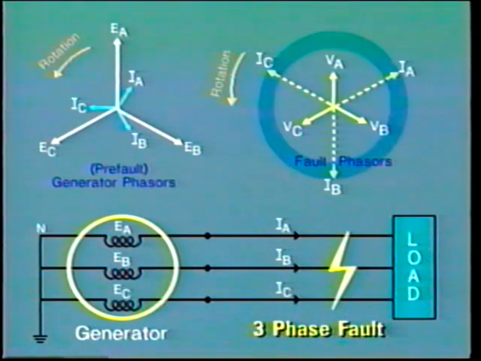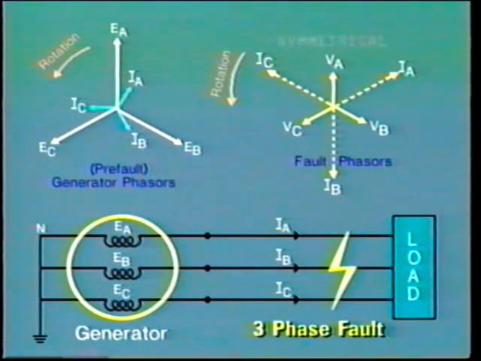It is important to note that the current phasors are still balanced. That is, they are all of the same magnitude and are displaced 120 degrees apart. So even though the current has increased and the voltage decreased due to the fault, the system still remains in balance. That is, the three phases are symmetrical. This is convenient, as it enables us to look at one phase only when carrying out our fault analysis, as we did in the last segment.